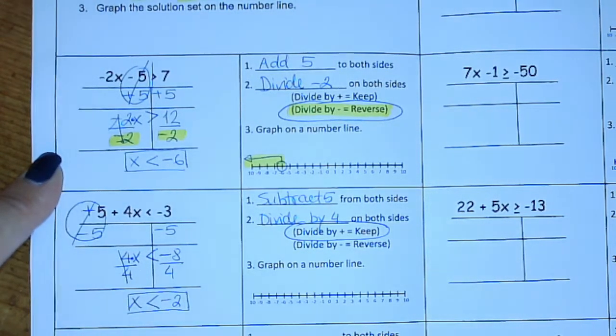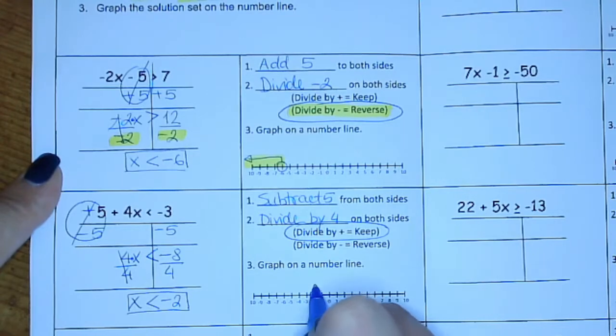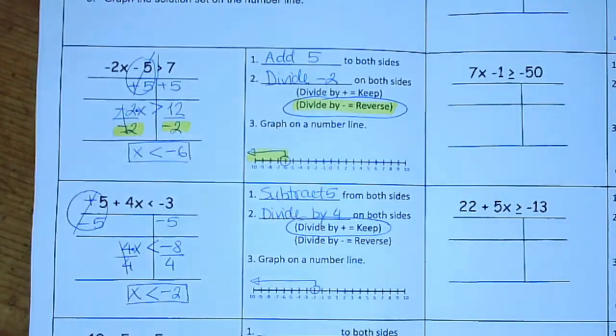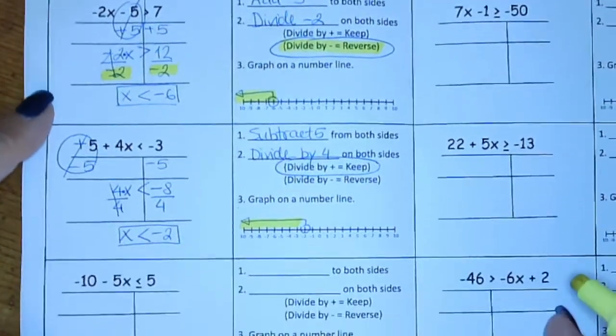So the final solution set should be graphed. Numbers less than negative 2. So dividing by positive, we keep the symbol the same, then do the division and graph the solution set on the left of negative 2. Empty circle on negative 2, go left.